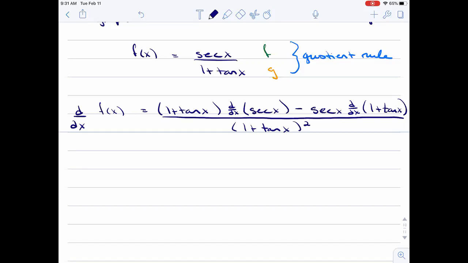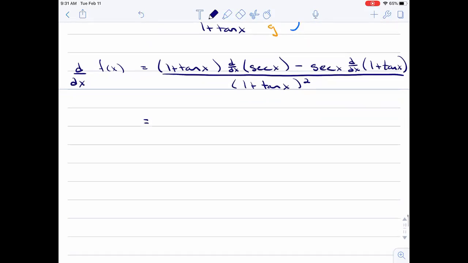Again, we'll focus on the numerator. If something happens to cancel from the denominator, that's great, right? But it's not going to be our top priority because usually it's not going to happen. And so focusing on the numerator, we've got 1 plus tan x, we'll just leave that on its own and focus on the derivative of secant x.